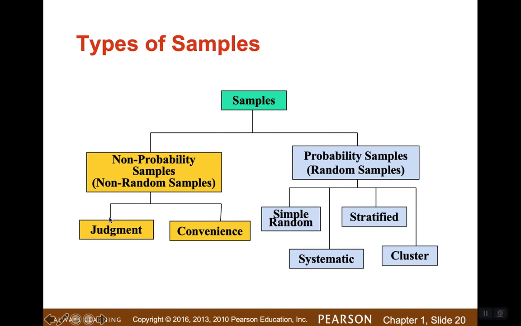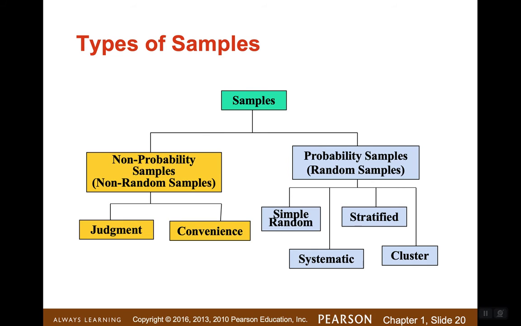Judgment is where you use your own judgment to identify what you want to pull for a sample, so that could reflect some of your own biases. Or convenience, which would be, let me go out and survey the first 5 people I see on the street. It is a sample, but as you evaluate it, you need to take that into account.